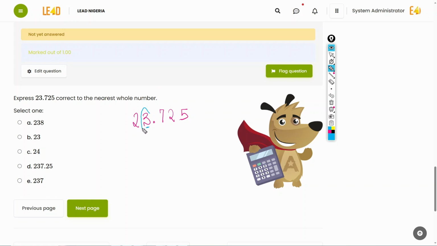That means we're rounding here. And we test the digit to the right, the one in the tenths place. Is 7 a strong or a weak digit? 7 is a strong digit. So we have to add 1 to the target. And our answer becomes 24 point, and everything becomes 0. The correct answer is 24.